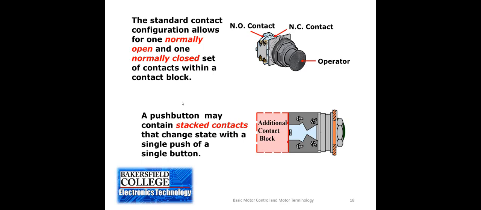Now, this also shows that we can stack multiple contact blocks on top of each other. So in this case, what happens when you push this operator, that moves these contacts inside the first contact block.